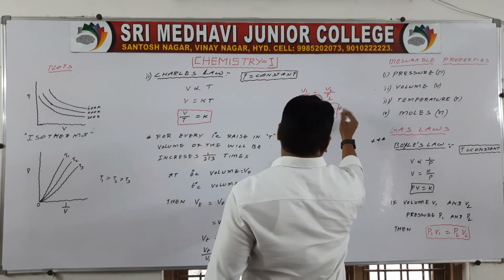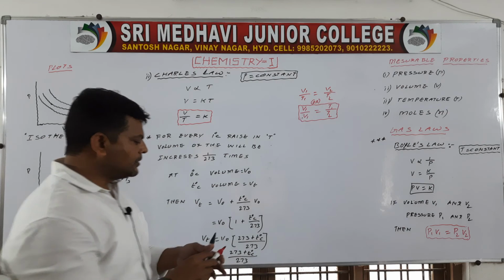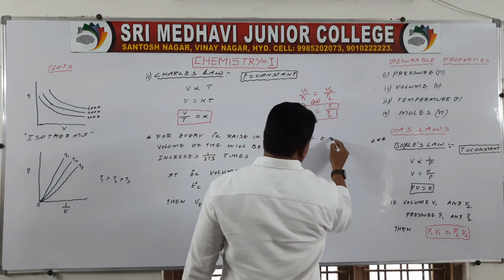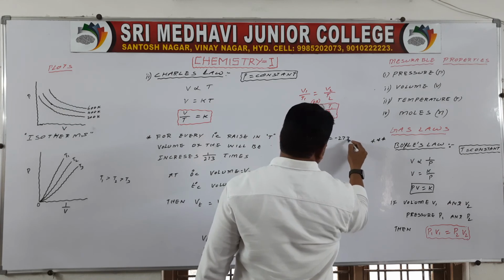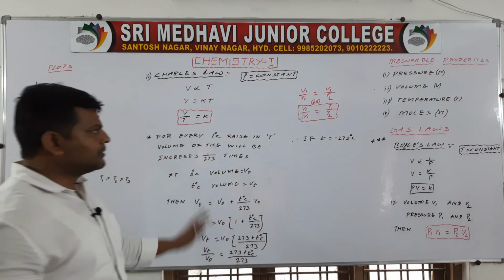If T equals minus 273 degrees Celsius, then the volume becomes 0.